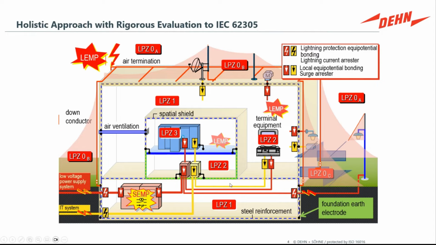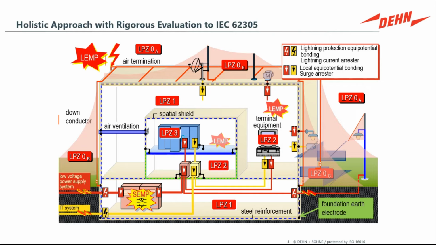And notice that whenever you go through an area and you enter a more protected area, it's recommended to have that additional layer of surge protection devices. Here we conveniently color them red and yellow for the DEHN product line, but the point is that your power and your data will then be protected coming in and out of these zones, so that you offer the victim, the most vulnerable equipment, the highest order of protection.